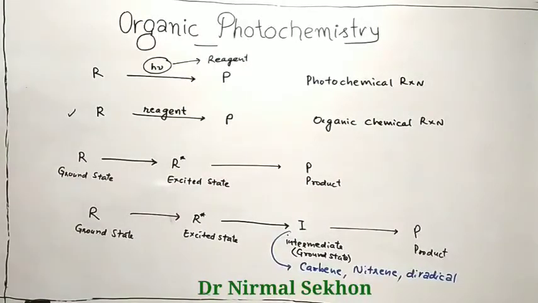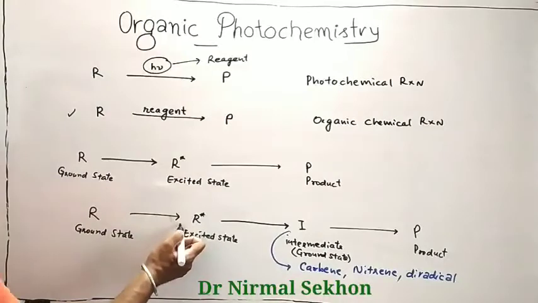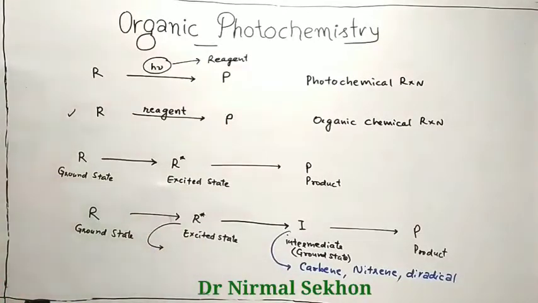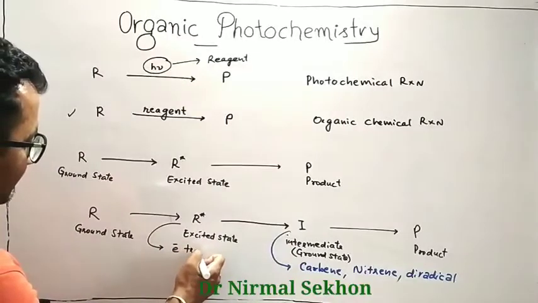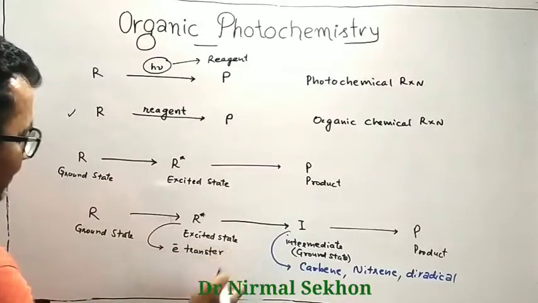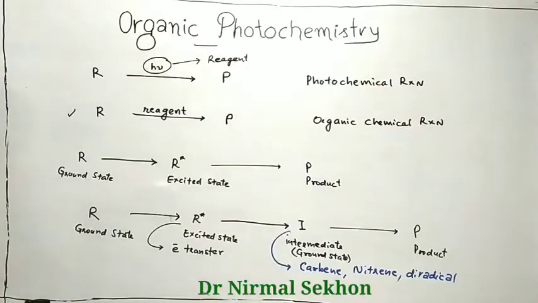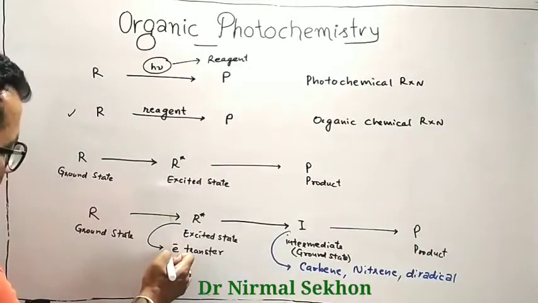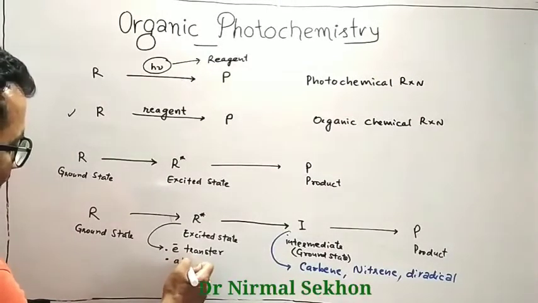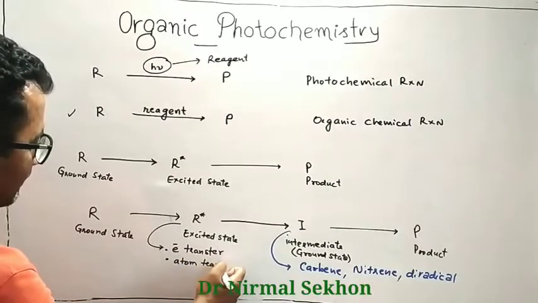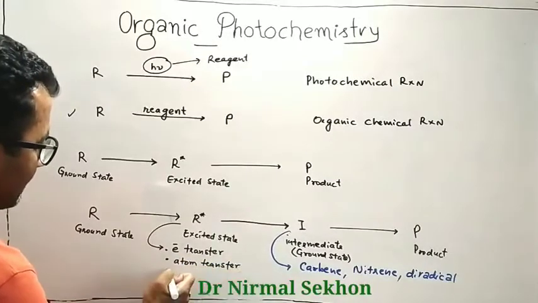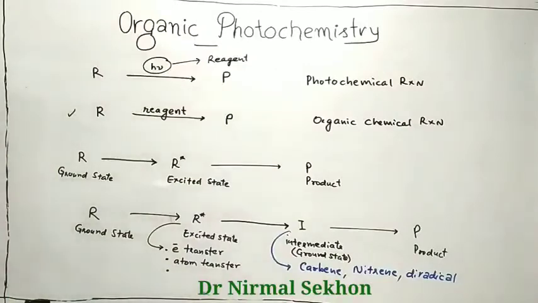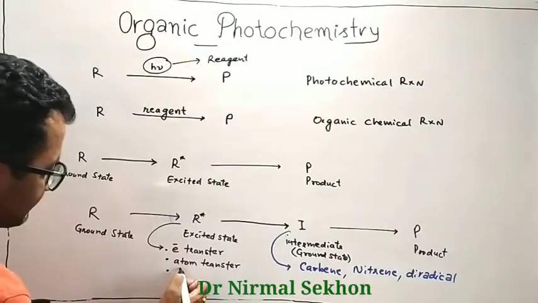So what are the possible reactions that may take place when R changes to R star? This R star is in the excited state. It may undergo electron transfer. It may undergo atom transfer. Or it may undergo some bond breaking.